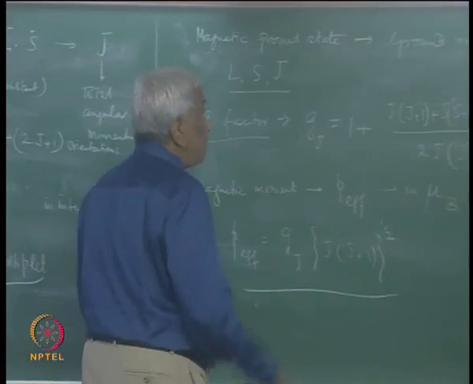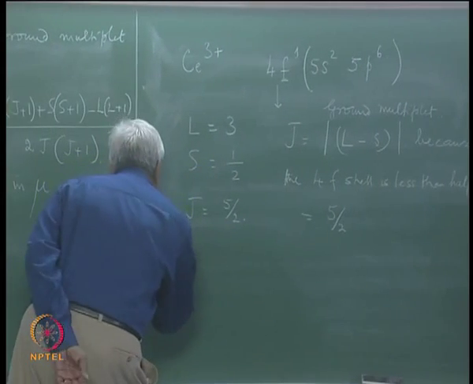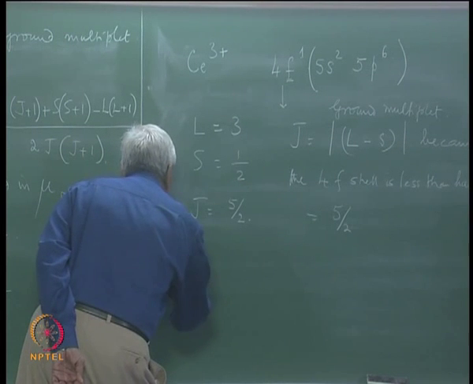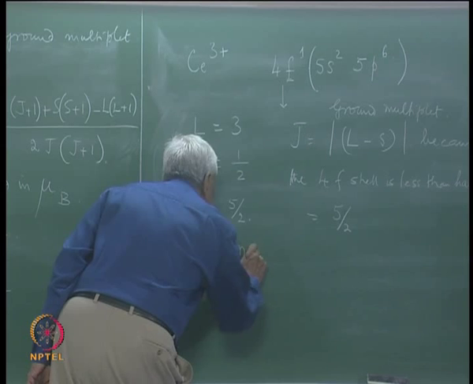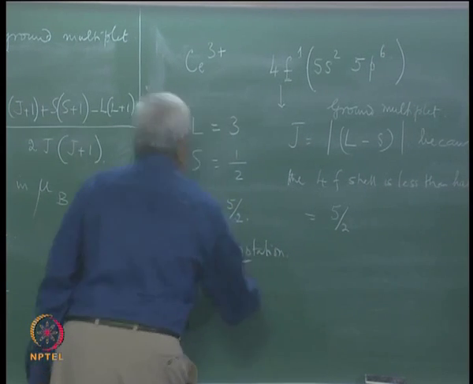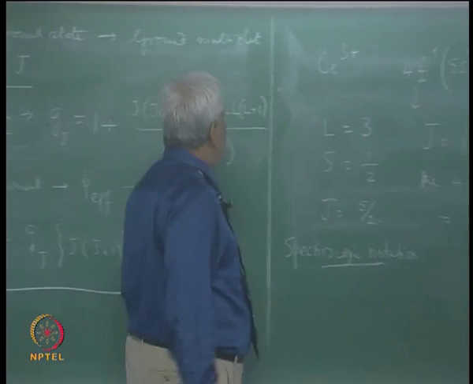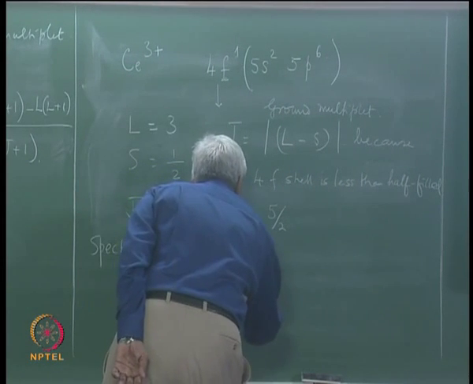There is a way of denoting this ground multiplet. The spectroscopic notation for this ground multiplet usually proceeds by giving the ground term symbol, which we already saw.